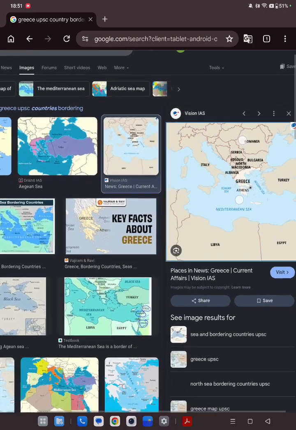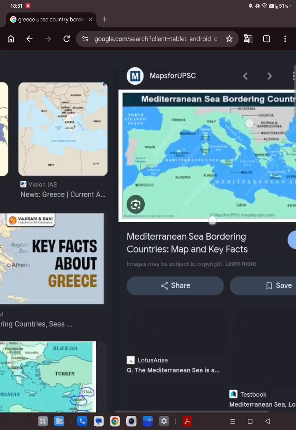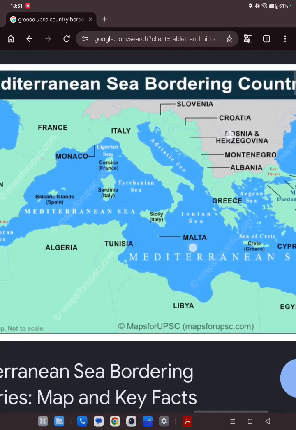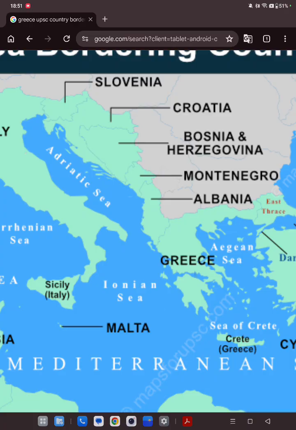Now let's see if we have any more details about it. Yeah, so the Ionian Sea connects to the Adriatic Sea. As you can see, on the left side of Greece we have the Ionian Sea. It connects to the Adriatic Sea.